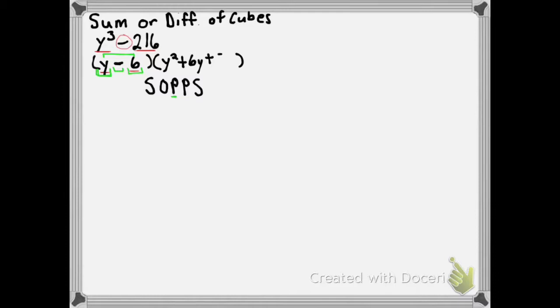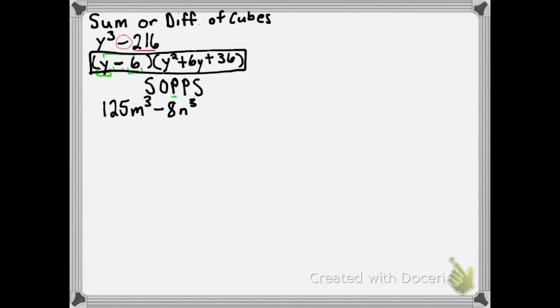So 6 squared is 36. And now we have a binomial times a trinomial. If you were to multiply all of that back together, you would see that you do get what you started with, that binomial that is a difference of cubes.